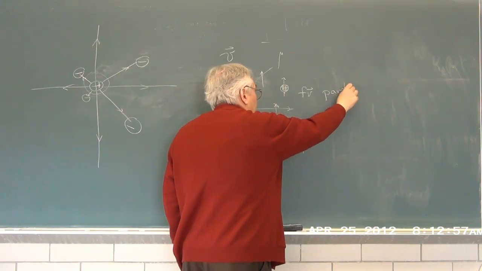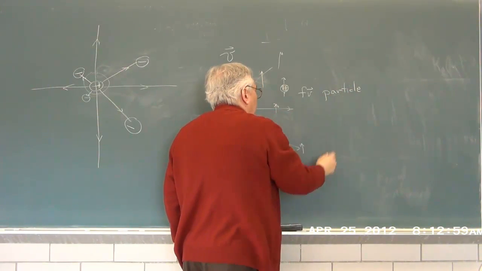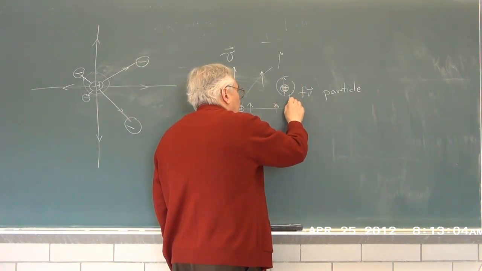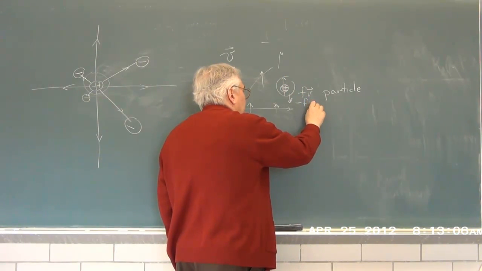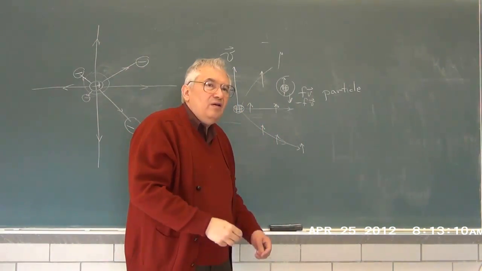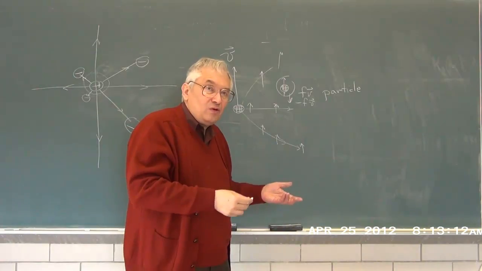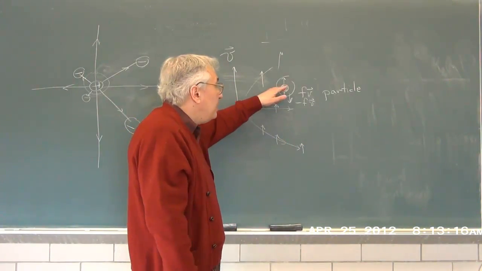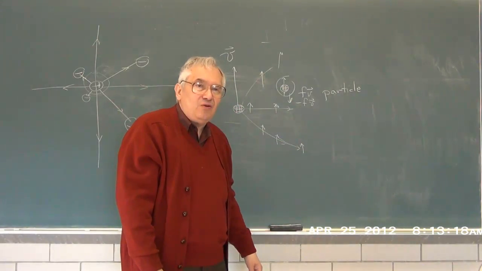And since there is a force Fv on the particle, the usual third law argument says there must be a force minus Fv on the solvent. And therefore, because the solvent is putting a force on the particles out here, there's a backwards force the other way, and momentum is sucked out of the fluid.